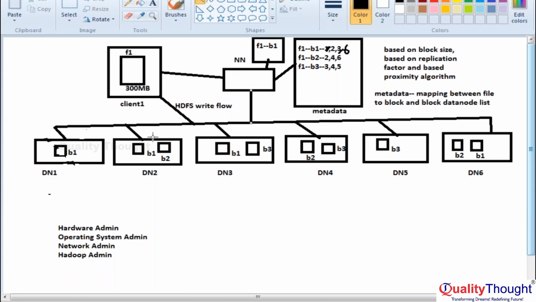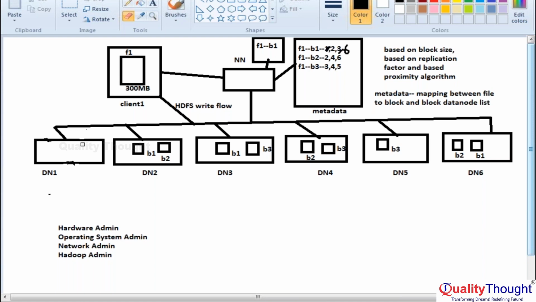Name node requests data node 1, 2, 3 and 6 because these 4 machines contain block 1. Whichever machine accepts first, the block is removed from that machine. Assume data node 1 accepted the request, then block 1 is removed from data node 1.